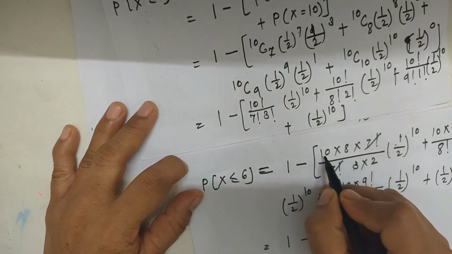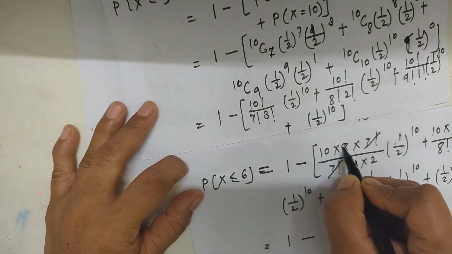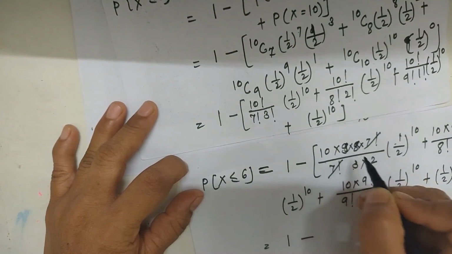Now calculating this, 1 minus here 10 into 9 into 8 into 7 factorial.